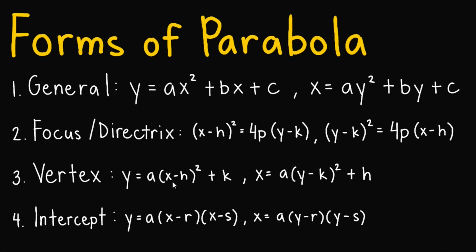Take note that the r and the s here represent the x-intercepts for a parabola oriented vertically, while the r and s in this second equation represent the y-intercepts for the parabola that is oriented horizontally.